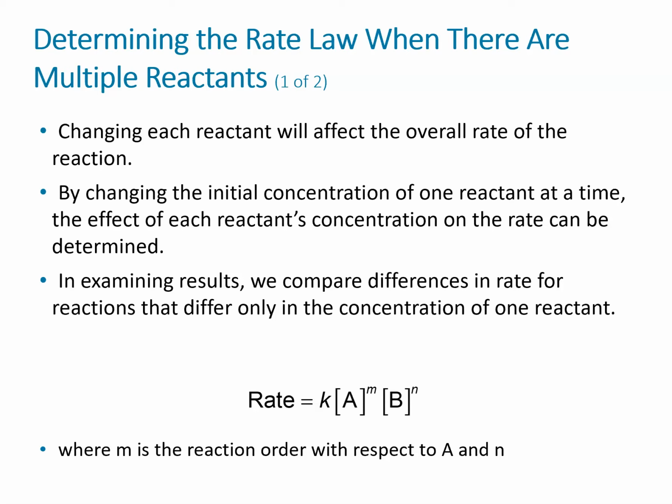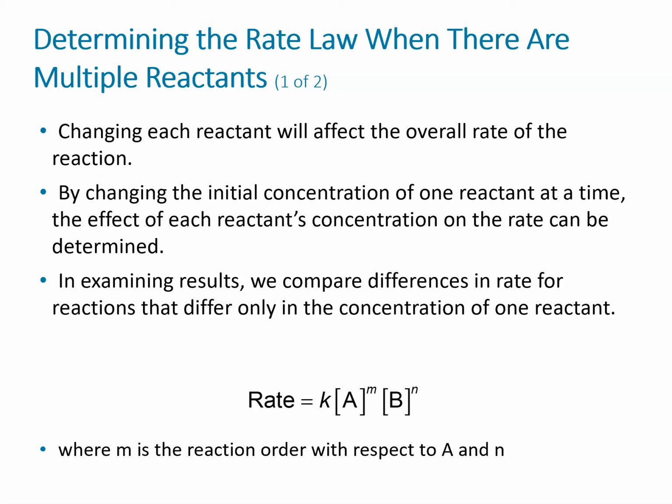To really quantify this, what you have to do is a controlled experiment where you alter one and hold the other constant so you can see the effect on rate, so you can determine whether the order is 0, first, or second for A, 0, first, or second for B. So you just have to hold your initial concentrations for one while changing the other.